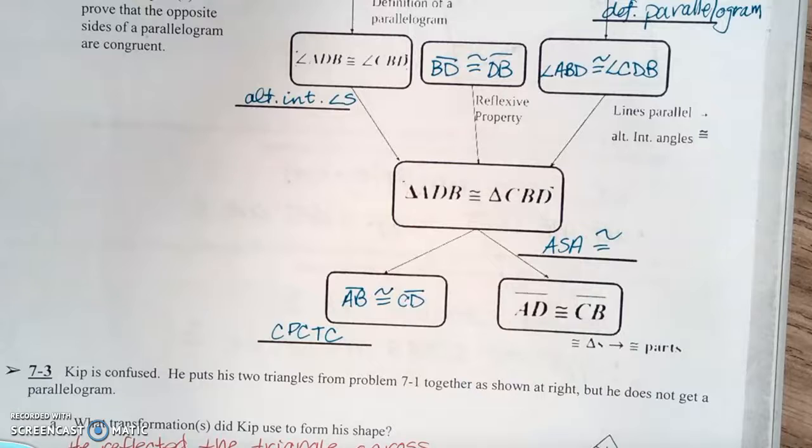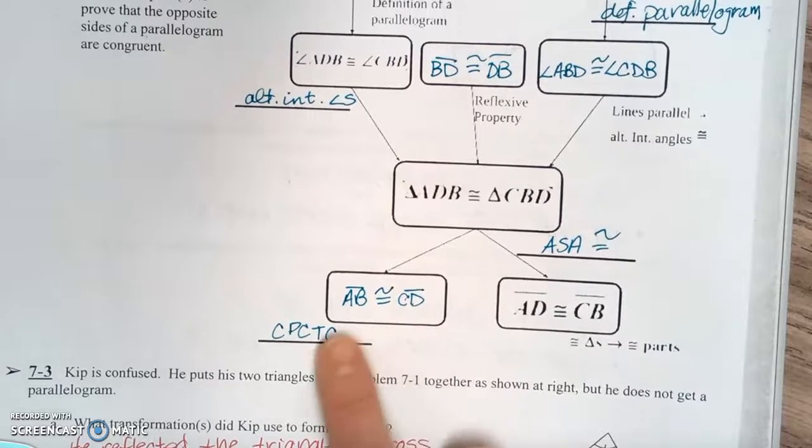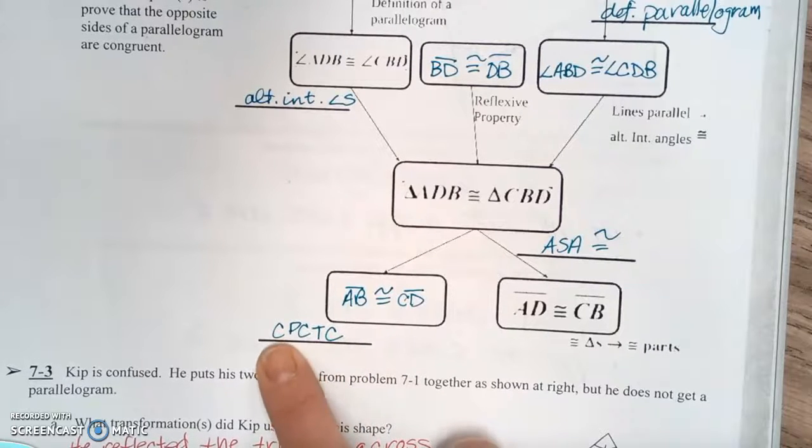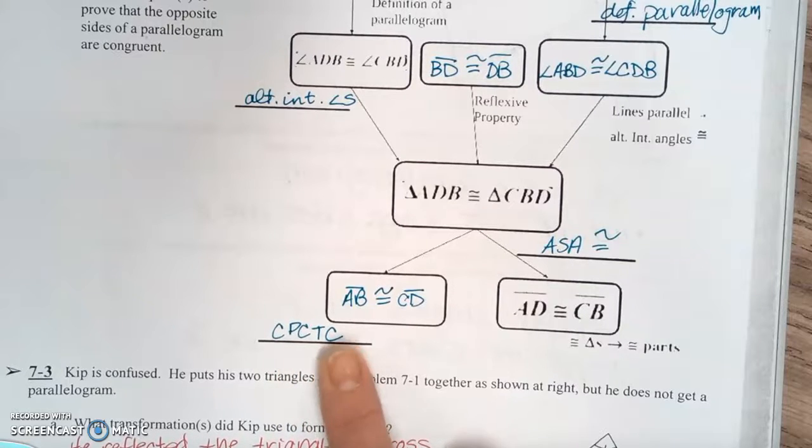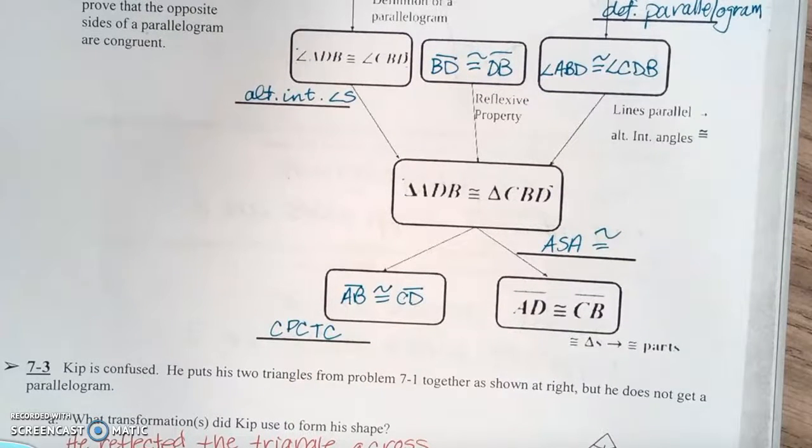Once you prove that the two triangles are congruent, you can say that their corresponding parts are congruent. We call this CPCTC, which is corresponding parts of congruent triangles are congruent, which is a lot to write out, so we abbreviate it with CPCTC.